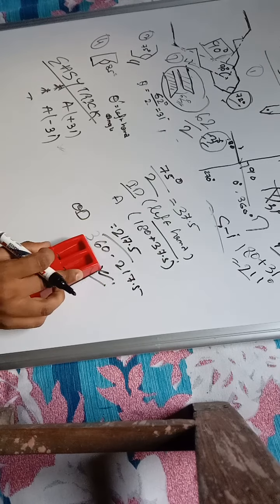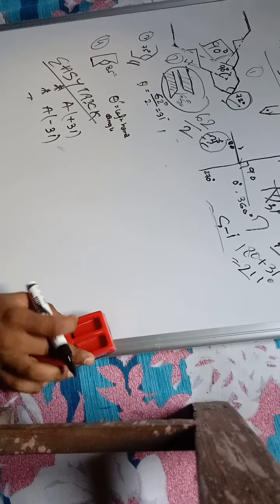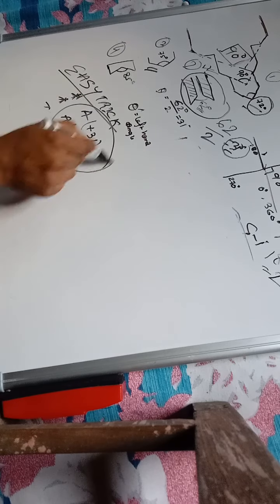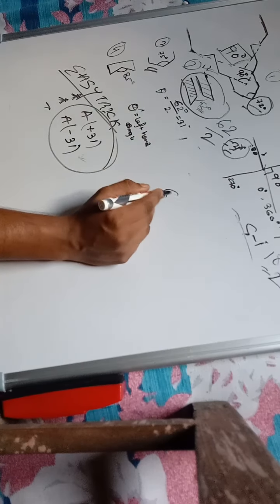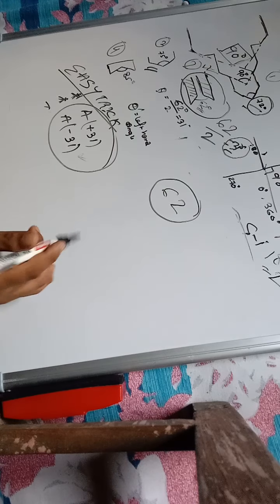But in case you want to find it in a fraction of a second, then you may use an easy trick, that is this. Suppose the angle is 62 degree. You do not calculate anything.